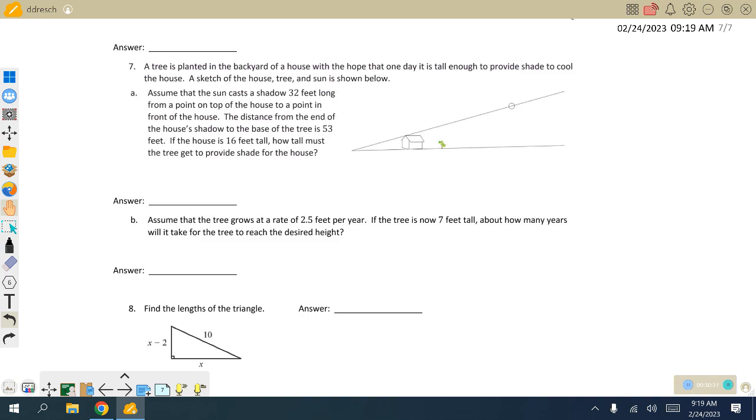This is a 2-part question on the SAT. Let's do this one first.